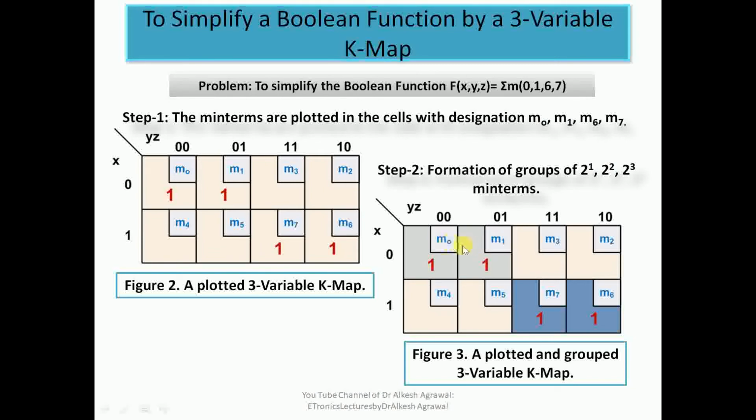Here the difference of 1 and 0 is 1, which is 2 power 0. Again 7 minus 6 is 1, which is again 2 power 0. So with that rule they can be combined. So we have one group of min terms m0, m1 and one group of min terms m6 and m7.